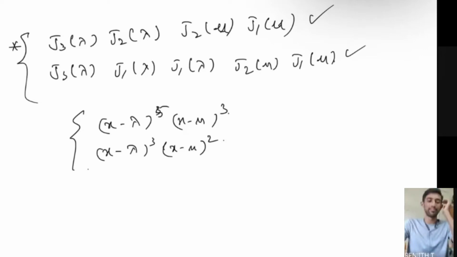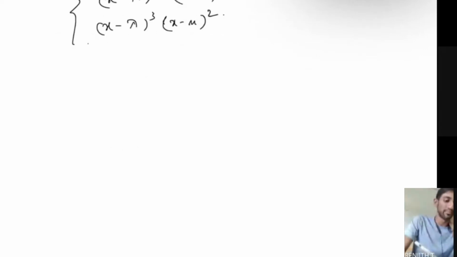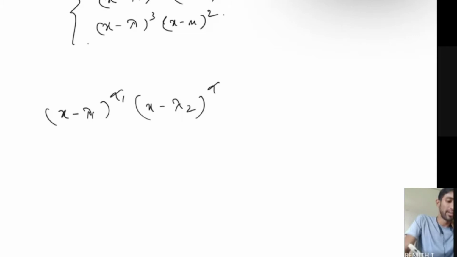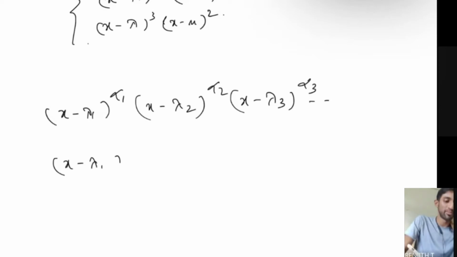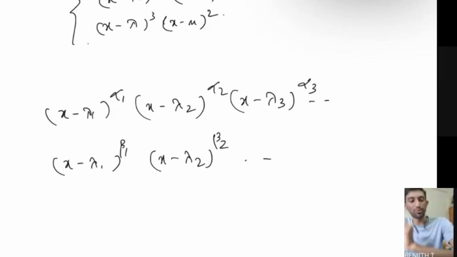Now there is this observation. Suppose you have a characteristic polynomial (x minus lambda 1) power alpha 1, (x minus lambda 2) power alpha 2, (x minus lambda 3) power alpha 3, like this, and minimal polynomial (x minus lambda 1) power beta 1, (x minus lambda 2) power beta 2, etc. Now, while writing the Jordan canonical form, we will just decompose the sections.